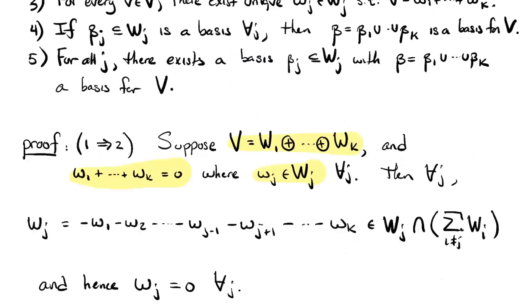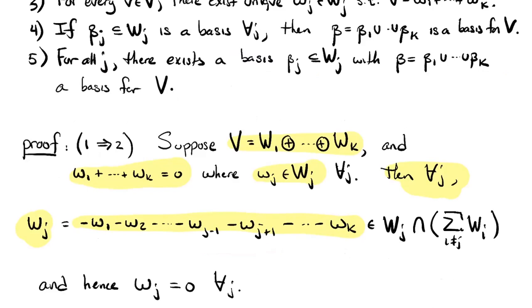If you algebraically rearrange that equation, pick a j between 1 and k and solve for wj, there are minus signs because I took them to the other side of the equation. It's minus w1, minus w2, and so on, skipping wj, because wj I left on the other side.